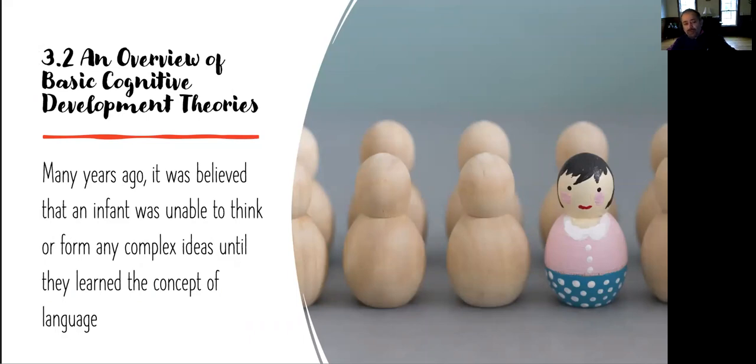Many years ago, it was believed that an infant was unable to think or form any complex ideas until they learned the concept of language. However, today we know that babies are fully aware of their surroundings and they wish to explore from the moment they are born.